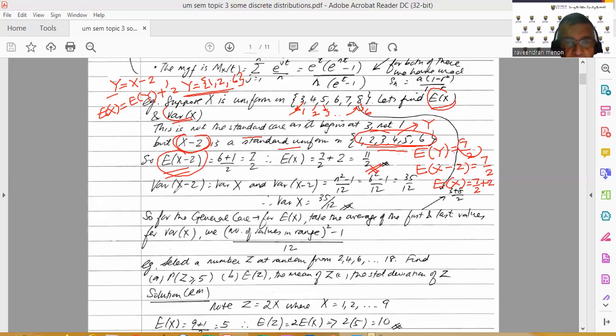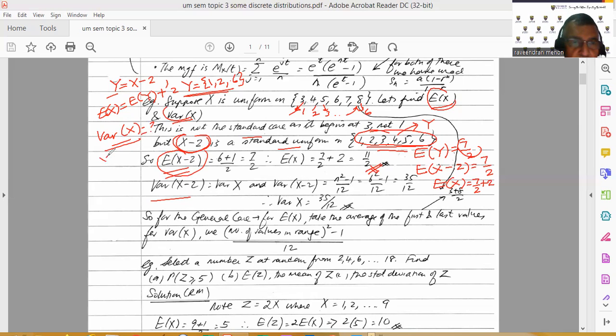The same thing for the variance. This is what we're trying to find: the variance of x. But work with y.